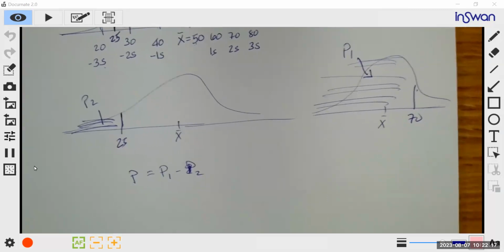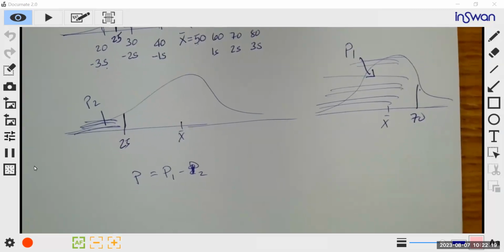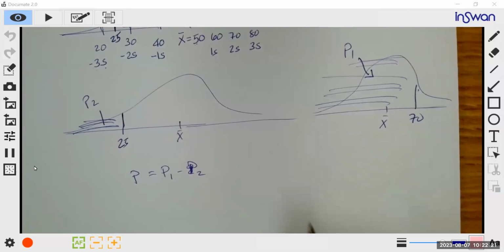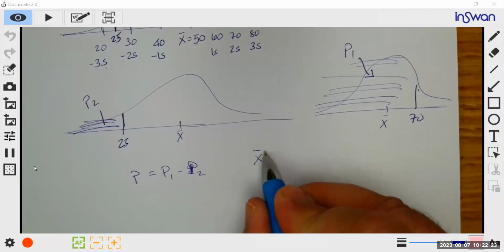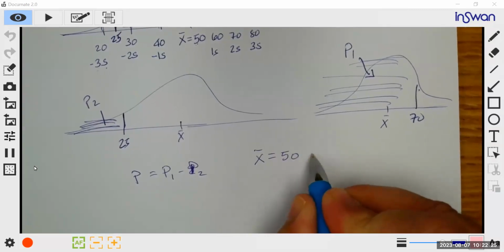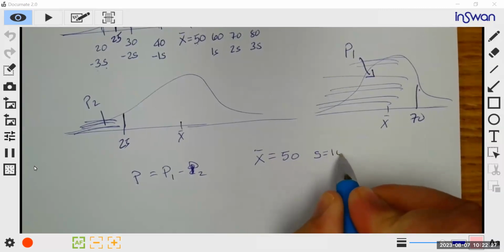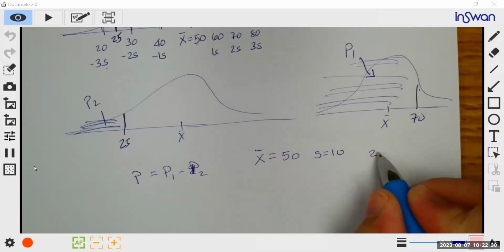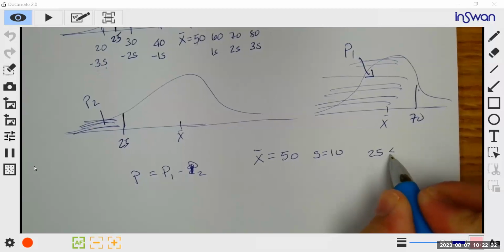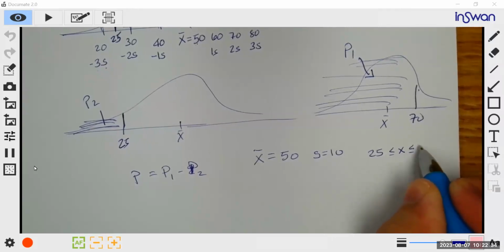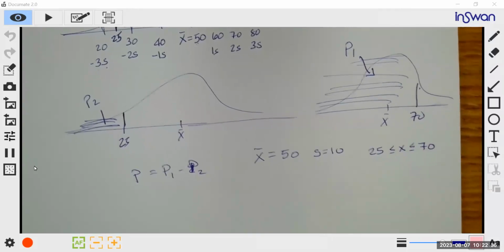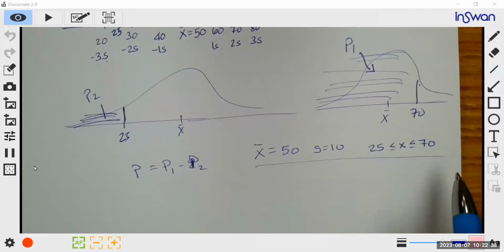So what's the first thing we have to do? Remember, our mean is 50. Standard deviation is 10. And our x's are between 25 and 70. What do we need to use the charts?